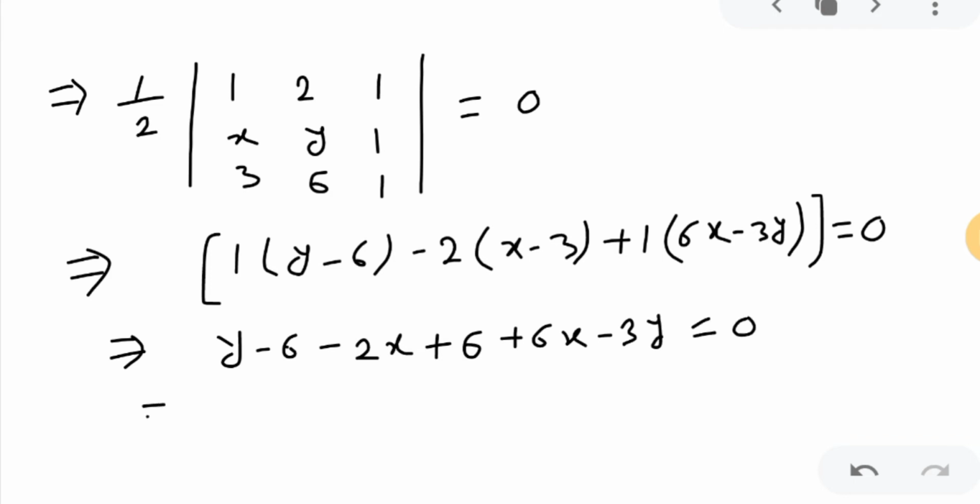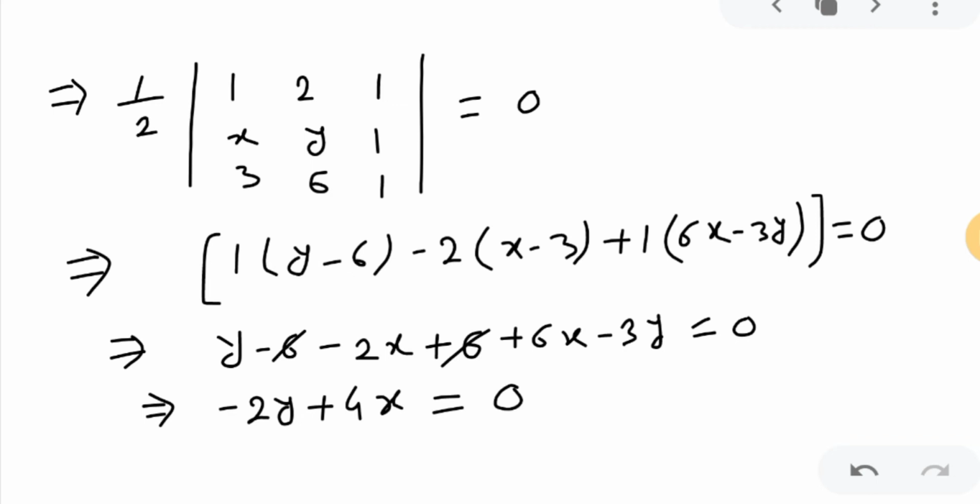Now I will simplify. y minus 3y will become minus 2y, and minus 2x plus 6x will become 4x. I am adding y with y, x with x, and constant with constant, so minus 6 plus 6 will cancel and become 0.